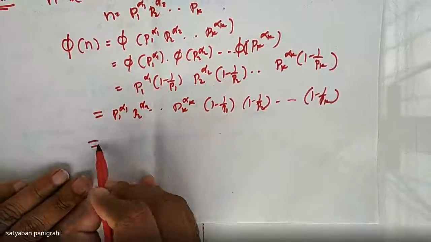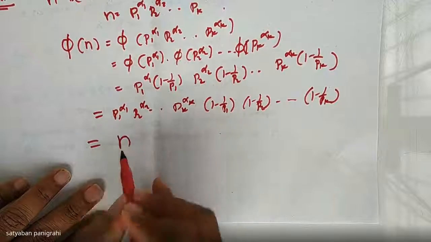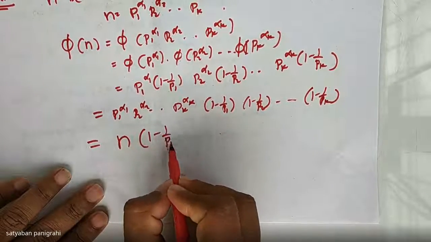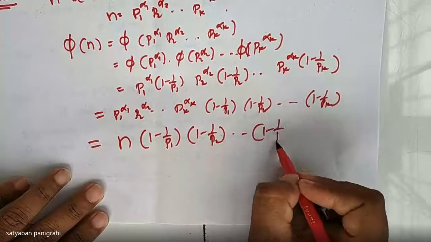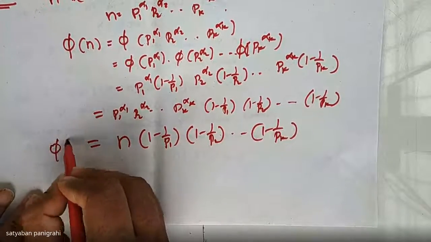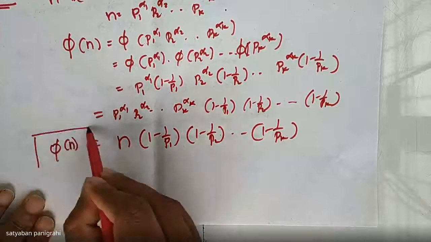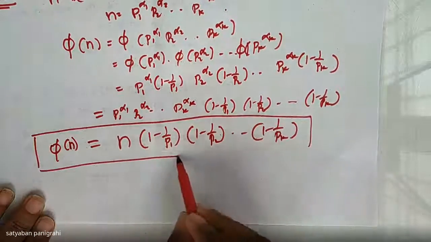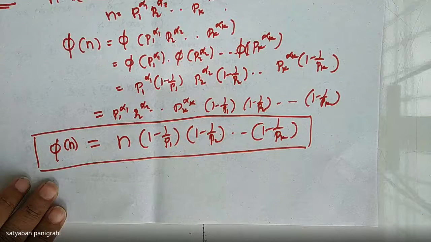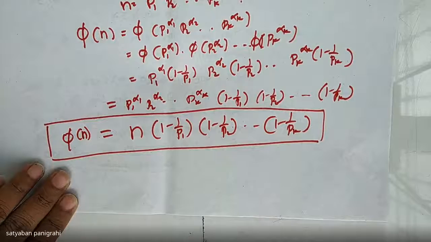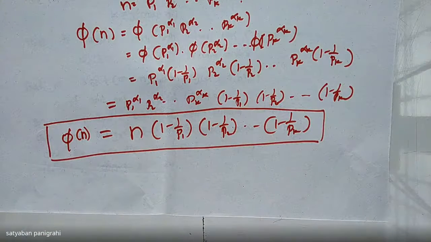So the formula is n into 1 minus 1 by p1, 1 minus 1 by p2, up to 1 minus 1 by pk. This is the general formula, the master formula. You can apply this formula to compute the Euler phi function of any positive integer. Clear? Yes, sir.